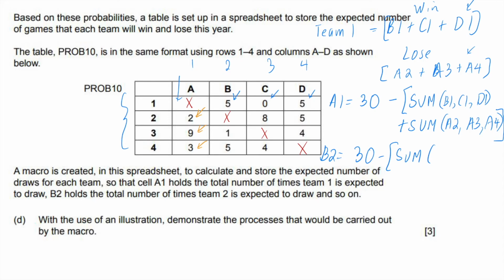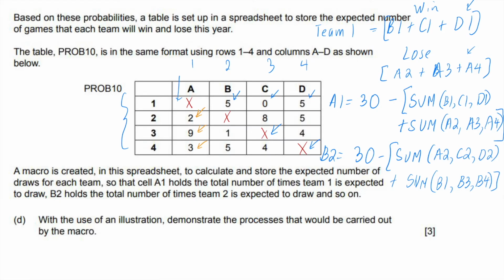Yeah, that's going to be A2, let's see, C2, and D2, plus sum of all the games that have been lost. So it's going to be B1, B3, and B4. And that would be the answer for that one. And we would have to do that for C3 right here, and then D4 right here. And that's basically the way that we would solve our problems.